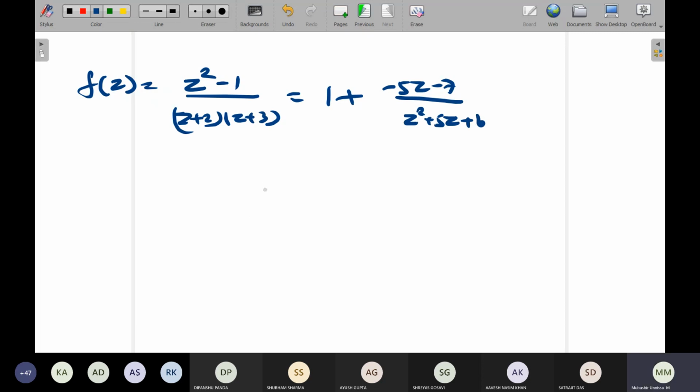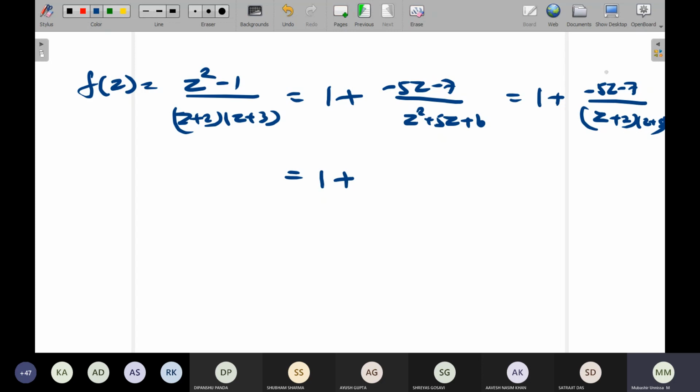Is it clear? Now I can write this as 1 plus this term. Denominator you can write as z plus 2 into z plus 3 itself.